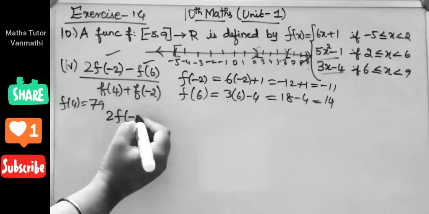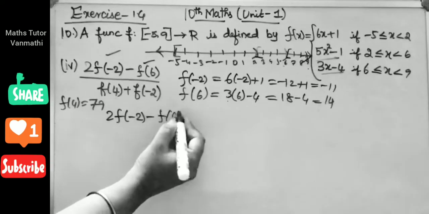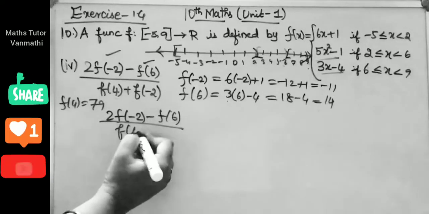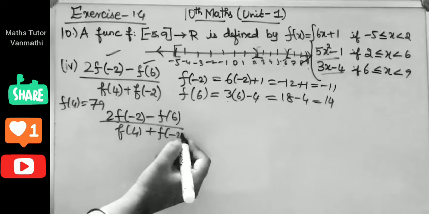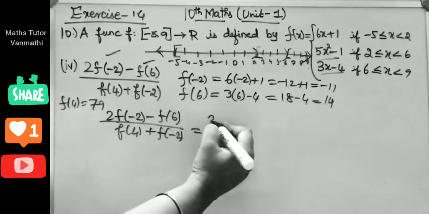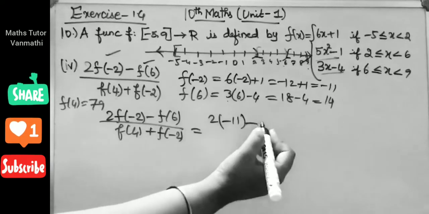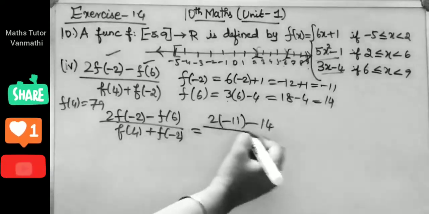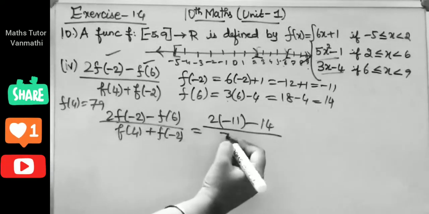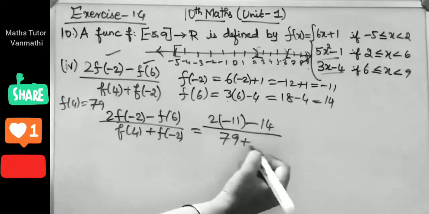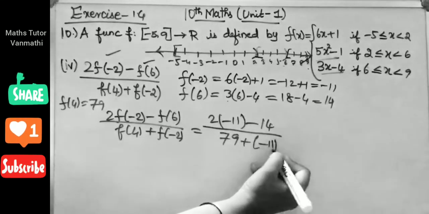2 into f of minus 2 minus f of 6 divided by f of 4 plus f of minus 2. So 2 times of f of minus 2 value is minus 11 minus f of 6 value is 14 divided by f of 4 value is 79 plus minus 11.